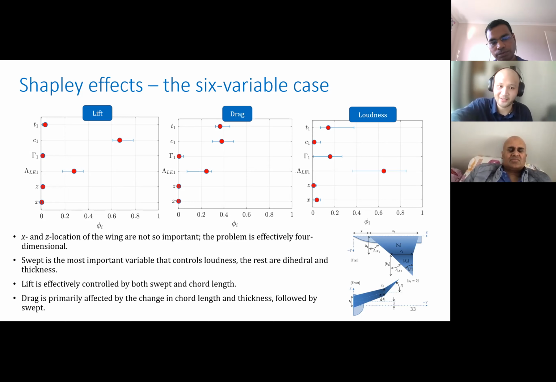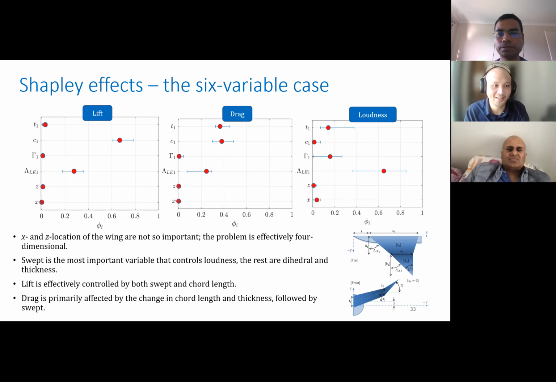As you can see here, X and Z in terms of loudness maybe contribute, even if a little. If we include these variables, we can even find better optimal solutions. Also, some variables that are important in one objective function may not be important in other objective functions.